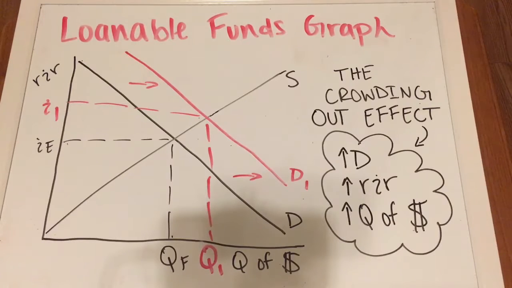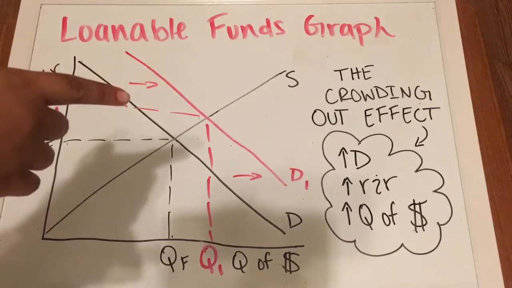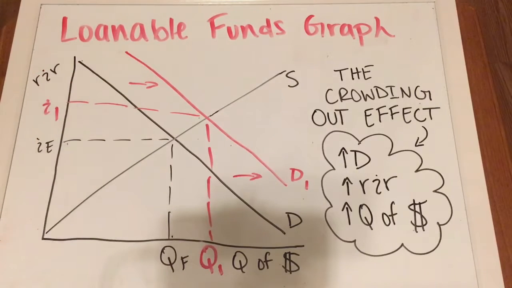In order to pay for this deficit, they borrow money from banks, which causes an increase in demand on the graph right here. In response to the lack of money the banks now have, the banks raise interest rates, which makes it so that consumers and businesses have to spend less. That means a decrease in consumer spending and a decrease in I sub G, interest-sensitive spending.